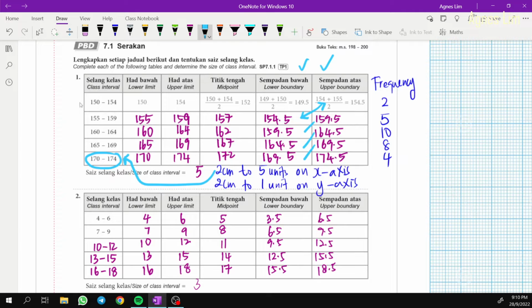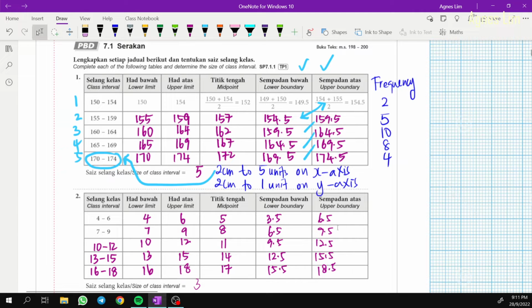And I want you to count that we have 5 classes for this table. So 1, 2, 3, 4, 5. So the number of bars that we are going to draw for a histogram is 5. So by the end of our drawing, make sure that you have 5 bars of histogram, not less, not more.